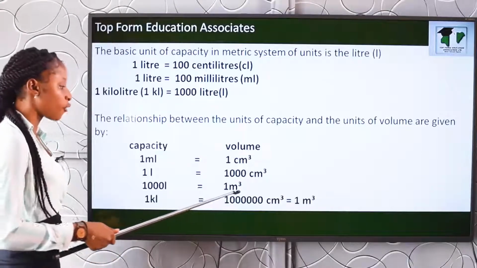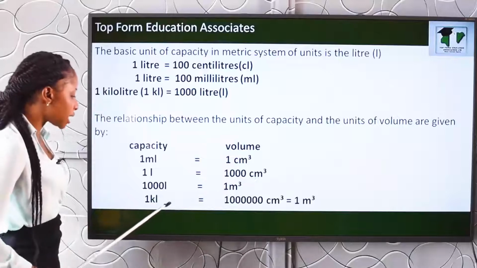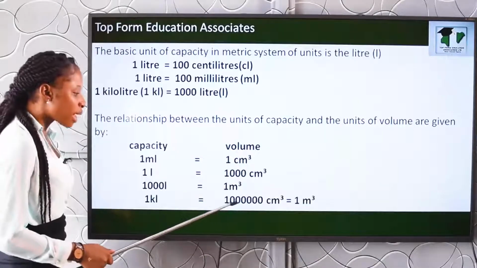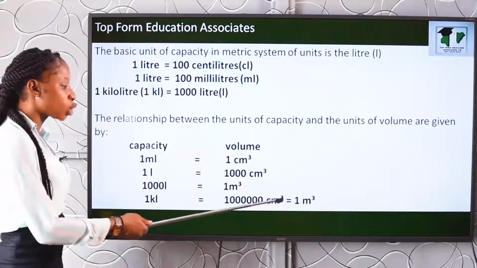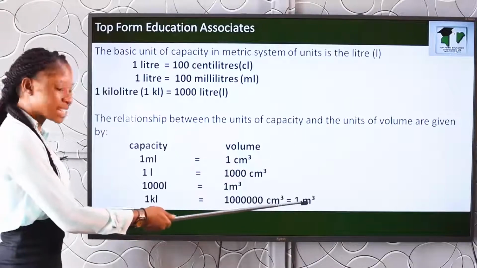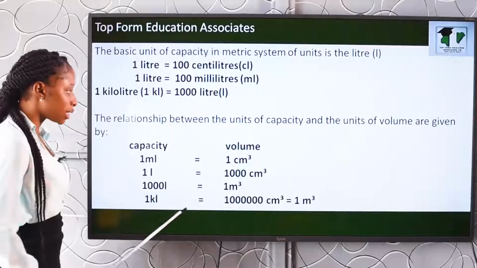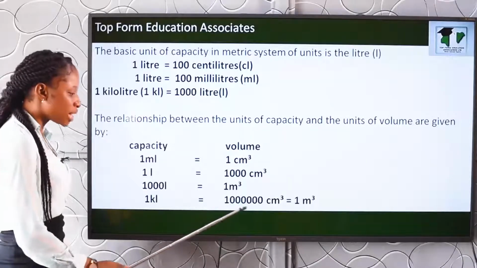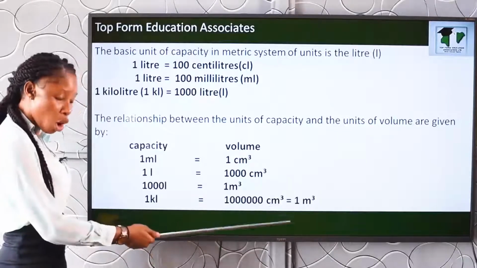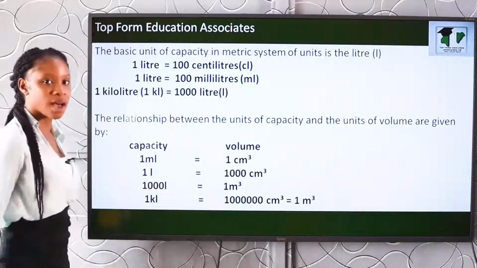Take note of the units. 1 kiloliter will make 1 million centimeters cubed or 1 meter cubed.